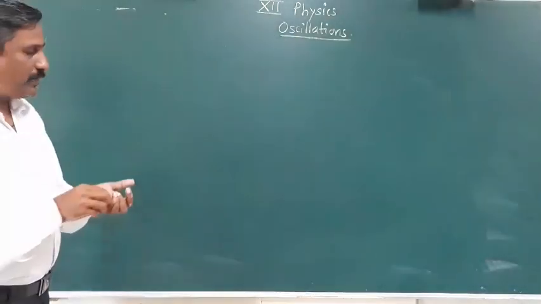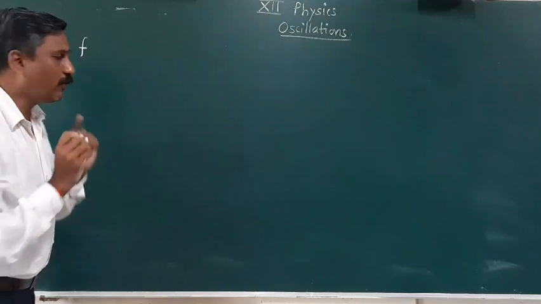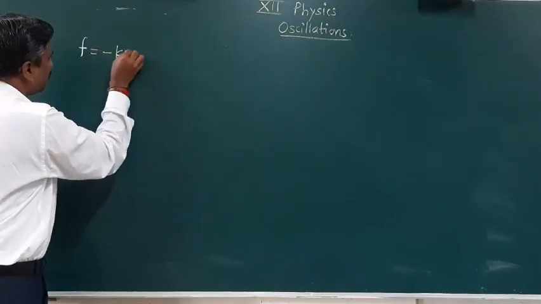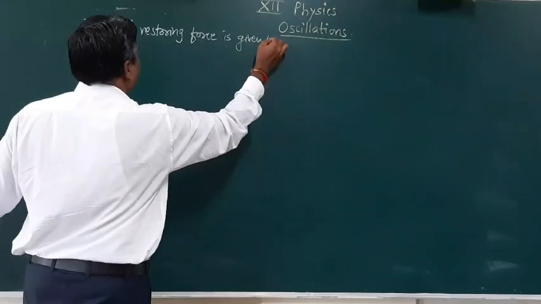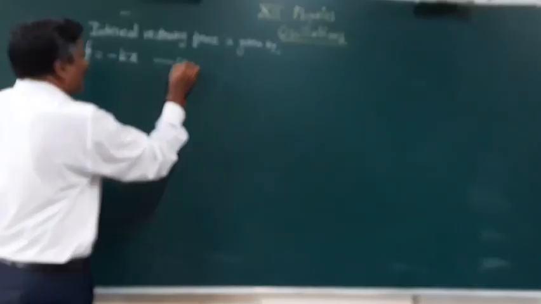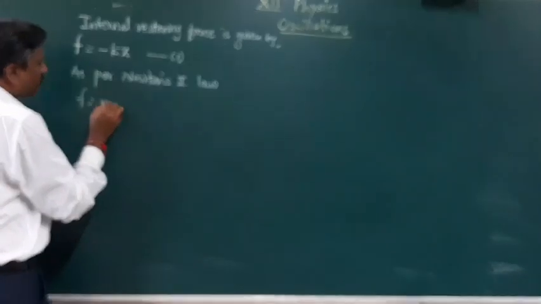In simple harmonic motion, we get one equation: the internal restoring force is given by F equals minus Kx. But as per Newton's second law, F equals mass into acceleration.